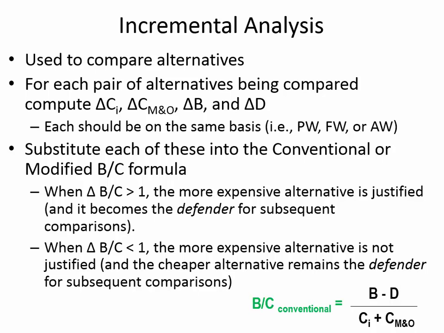Now, we're going to have to move everything to a consistent time frame so that we can calculate the ratio. This ratio only works if the benefits, disbenefits, and the costs are all at the present, all at the future, or all on an annual basis.